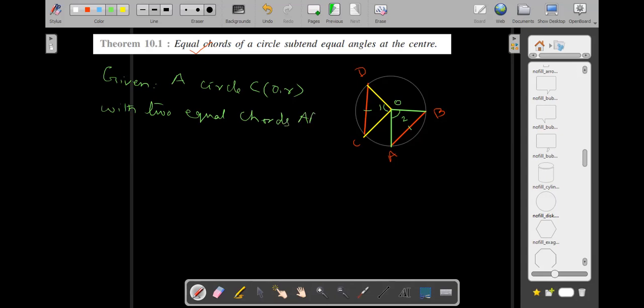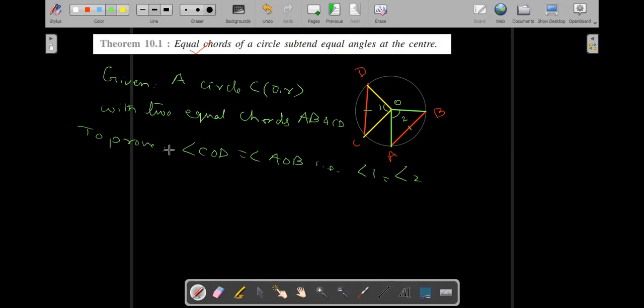AB and CD are two equal chords. And we have to prove that they make the same angle at the center. That means we have to prove angle COD is equal to angle AOB. That is, for our convenience, angle 1 is equal to angle 2. This we have to prove.